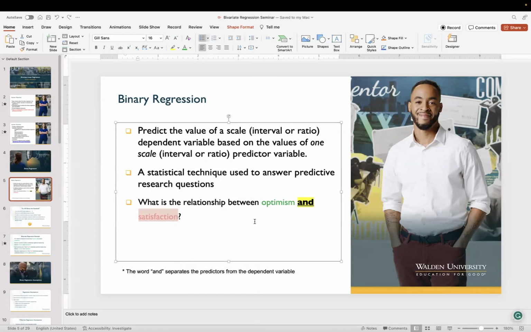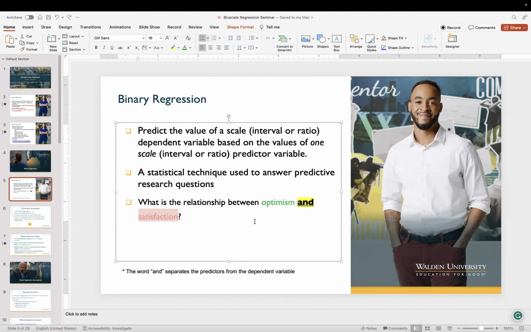So it's going to be important because we distinguish between independent and dependent variables in this statistical test. Unlike last night when we were just doing simple correlation, we don't really distinguish between independent and dependent variables. We're just looking to see, are these things correlated? That's all we want to know.